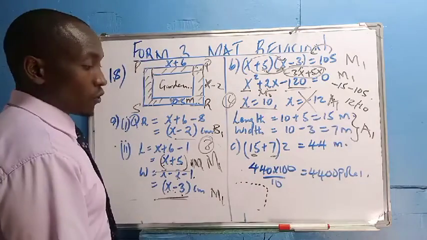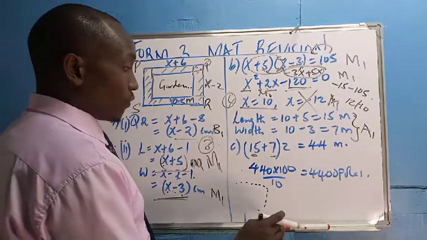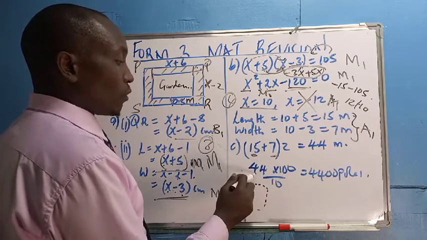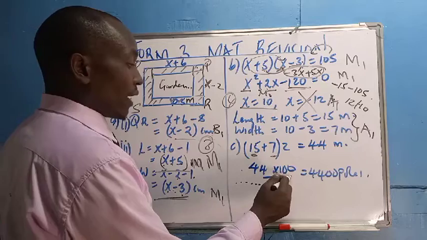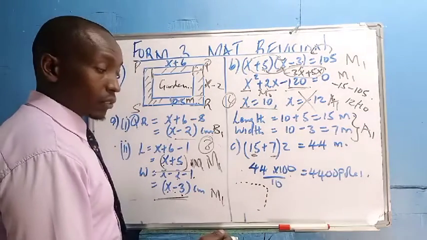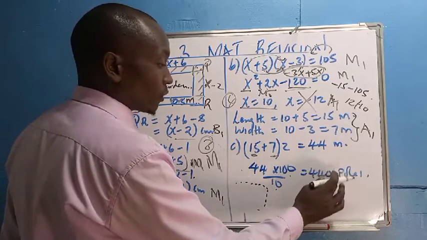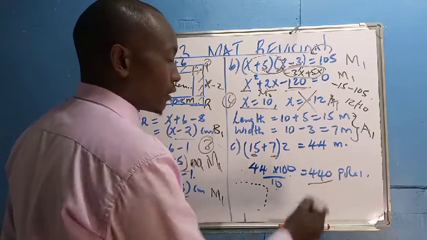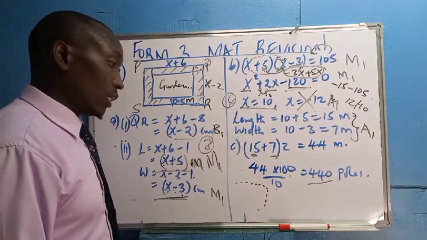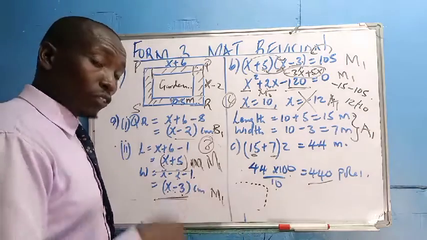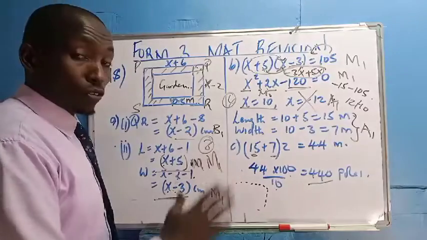Yes, it is 44 meters. And if it is 44 meters, it means 44 meters multiplied by 100 to make them centimeters, divided by 10. So the number of poles that this lady needs is 440 poles. Basically that. Remember, my student, you need to go back to the question. Try to review the question.